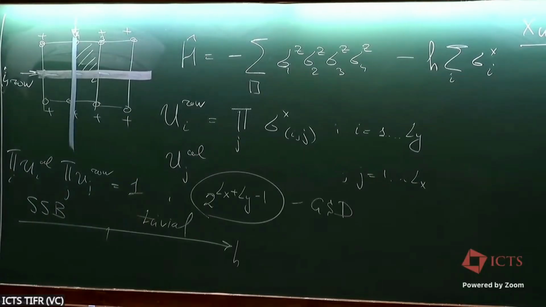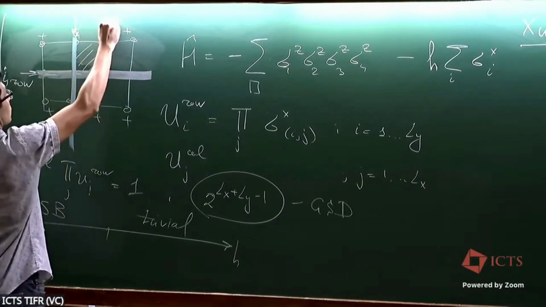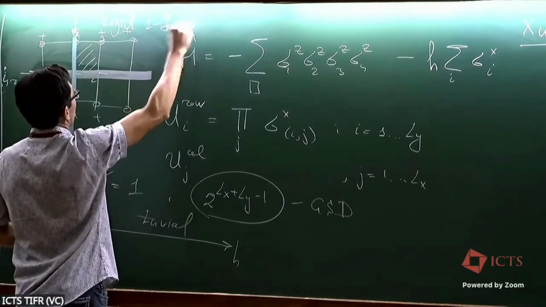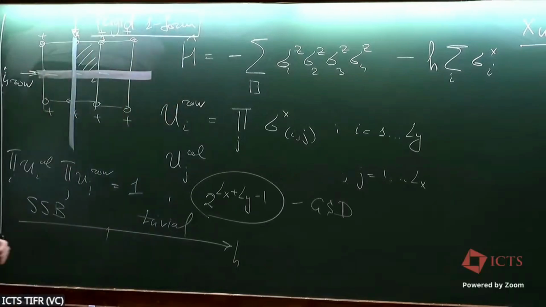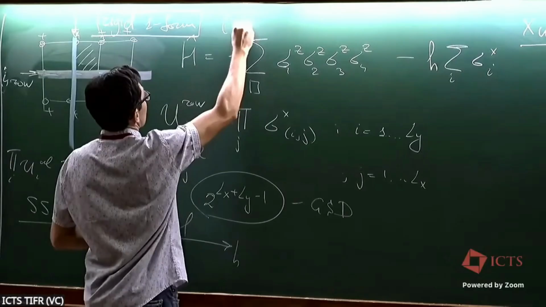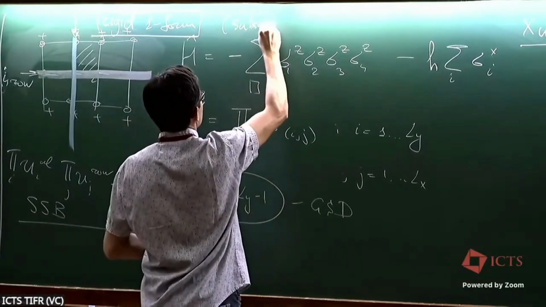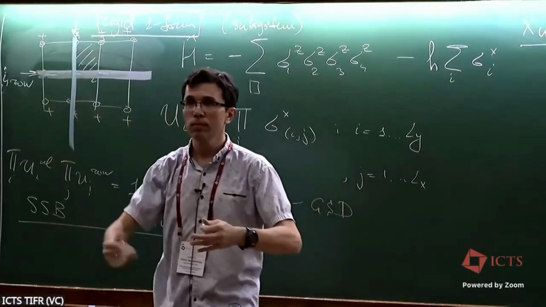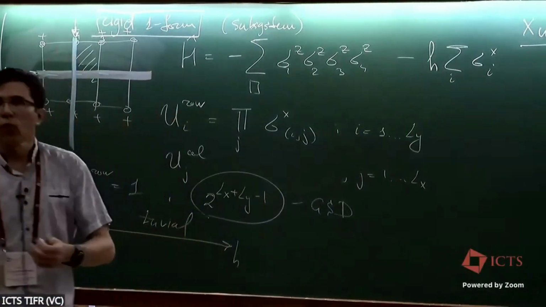In the language here, some people call them rigid one-form symmetries. In the context of fractal physics, they are often called subsystem symmetries, because I'm selecting a certain subsystem, either a horizontal row or a vertical column, and this forms my symmetry.